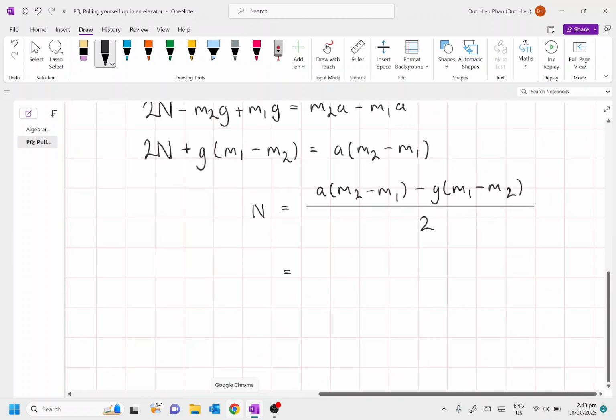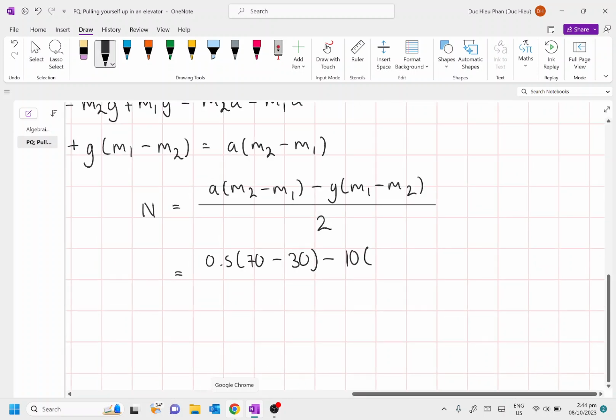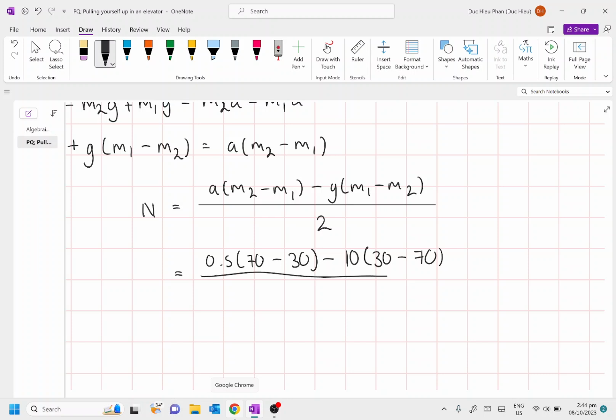Okay. So here we substitute 0.5. M2 is 70 because that's the person, minus 30, minus 10 because gravity is 10 for this equation, times the elevator is 30, and then minus 70. And this all over 2.